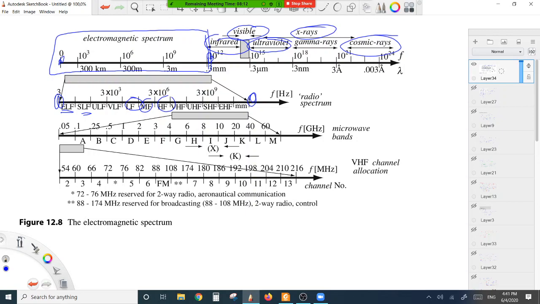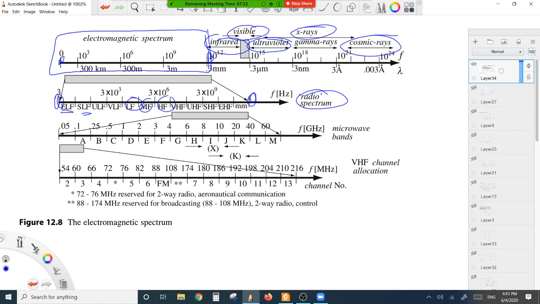All this band, which is from 3 hertz up to 3 multiplied by 10 to the power of 12 hertz, is called the radio spectrum.